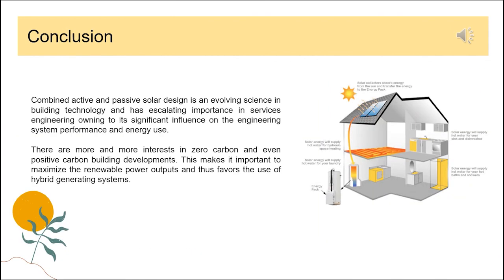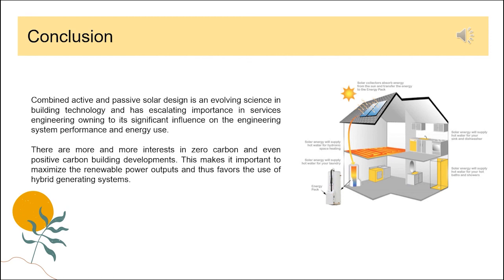To quickly summarize and conclude, the building integrated active and passive solar design asks for the consideration of all building components, and service systems have to be well coordinated and maintained, which can sometimes be a main challenge to overcome, yet it has an escalating importance in services engineering due to its significant influence on the engineering system performance and energy use.